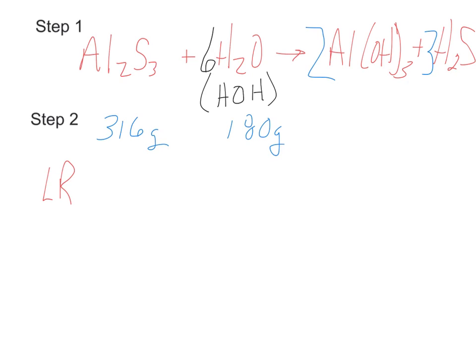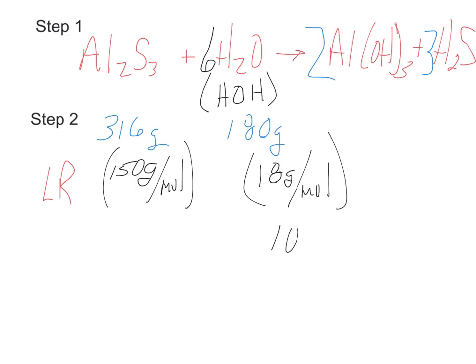So then, we need to turn grams into moles. And I gave you the molar mass back on the other page. So 316 grams, and there's 150 grams per mole. And we know that water has 18 grams per mole.